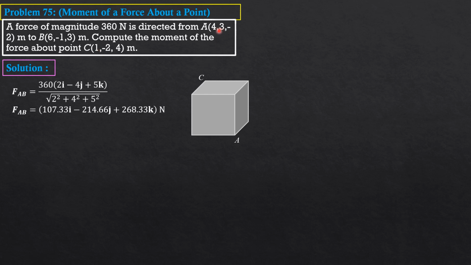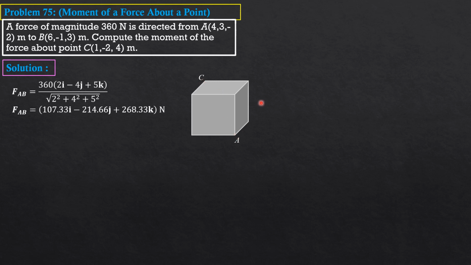So the difference between 4 and 1 is 3. A is also to the right of C because C is negative 2 and A is 3. So it's rightward and C is on the left. So it's correct. Then A is negative 2, C is 4. So 4 is above negative 2. So that's why C is above A.